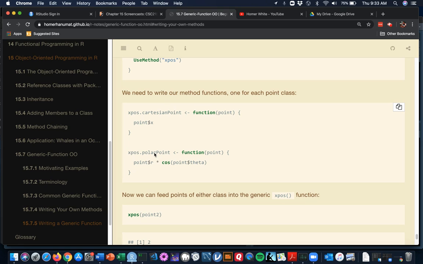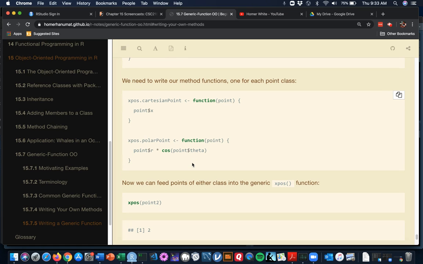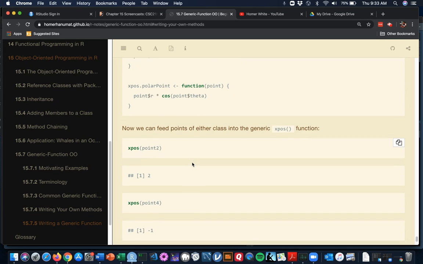We need a method for that. So we have xpos.polarPoint, and it's a function of our point, and it's the r component of the point times the cosine of the theta component of the point. So now that generic function has two methods that it can pass its input into, depending on the class of the input. For example, take point 2, which was one of those Cartesian points.